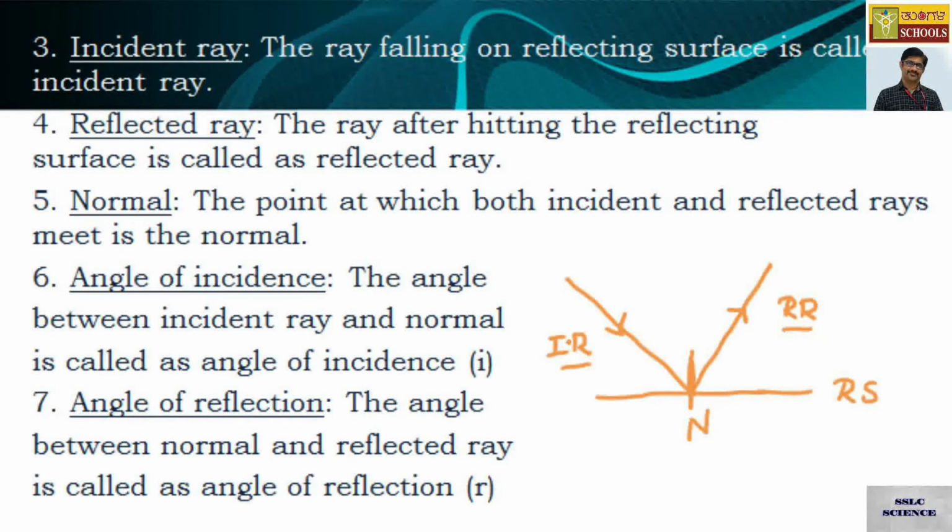Next one, the angle of incidence. The angle between incident ray and the normal. This is the angle of incidence I. That is the angle between incident ray and the normal drawn is known as angle of incidence.